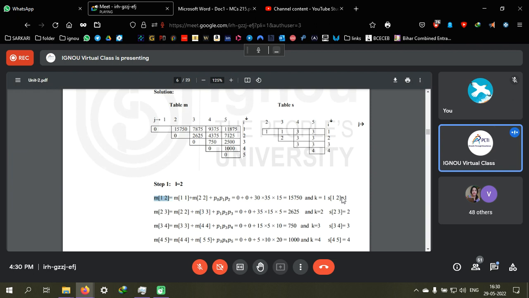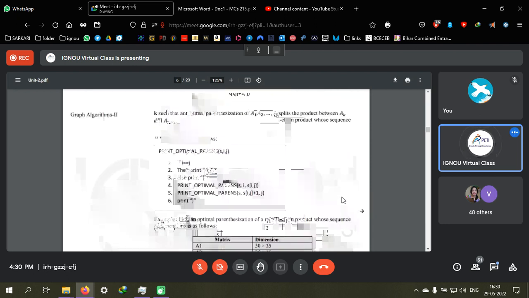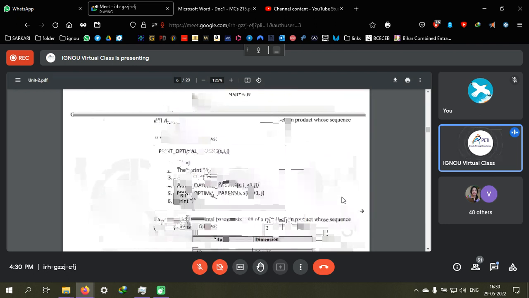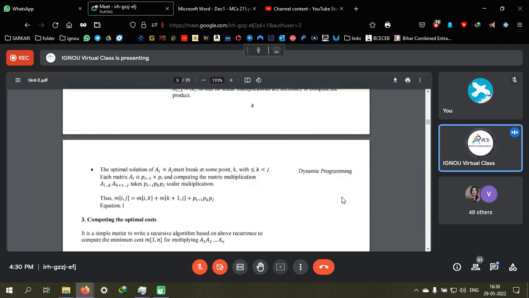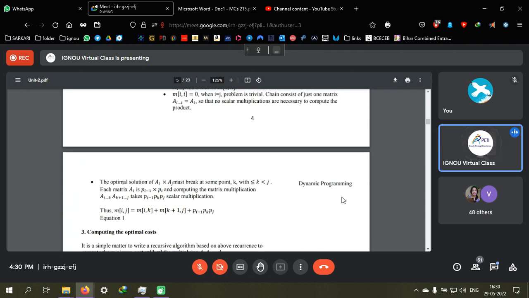If we are talking about a k, here are my values. So what I have to compute: the i value is 1. What will be the value of k? k is equal to j minus 1. So here we will write 2 minus 1, 1.